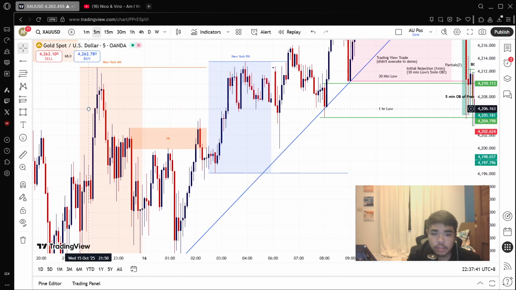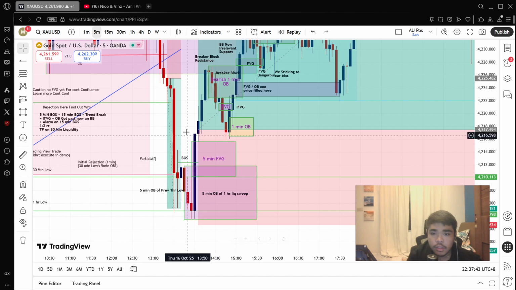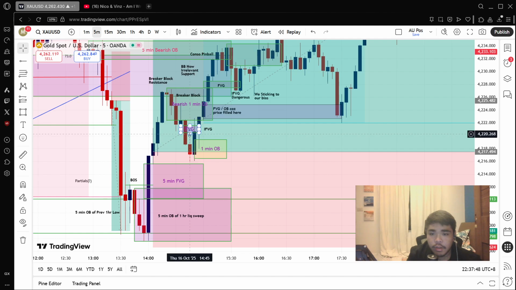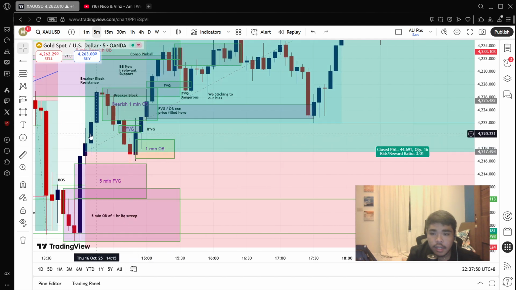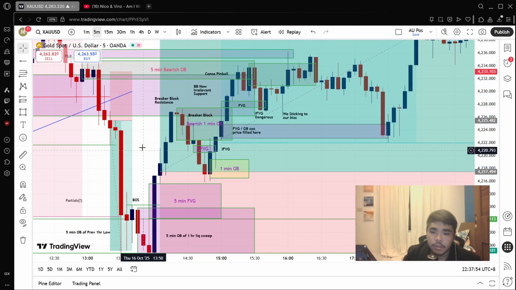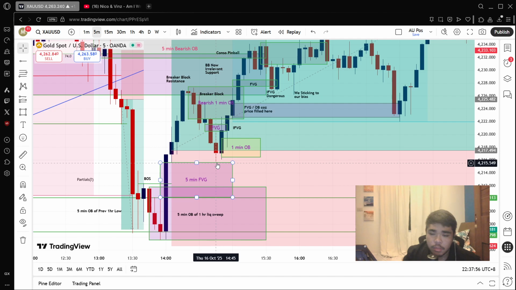And again, on this guy, the downward movement created a fair value gap, an imbalance, and a lack of buy. So what did price do upon hitting this order block, somewhat hitting this order block? It did rally upwards quick.